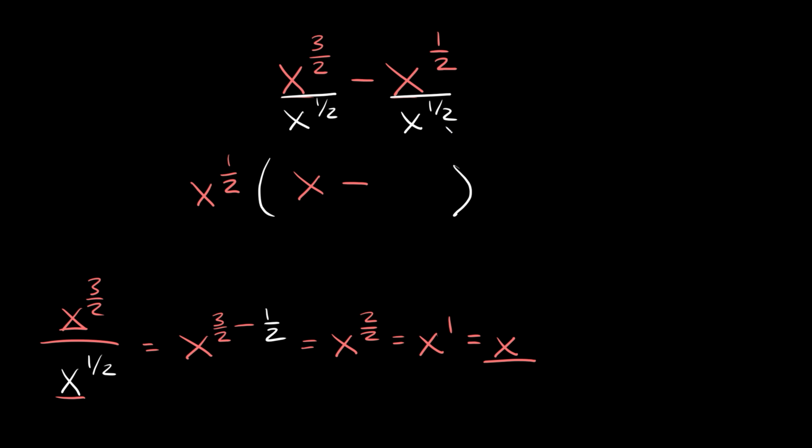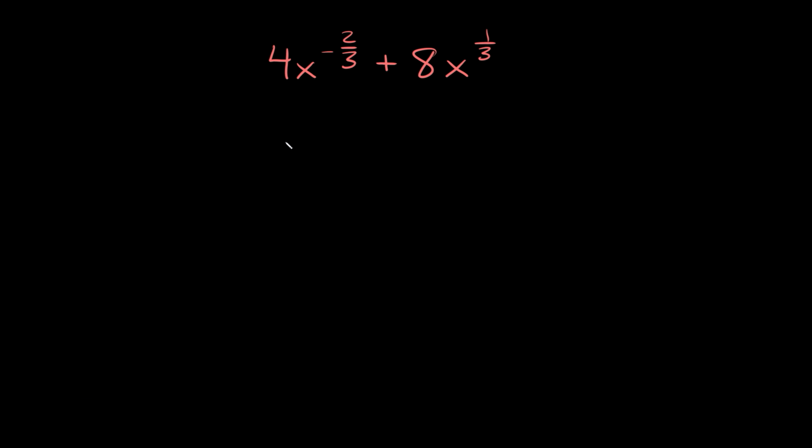And anything divided by itself is equal to simply 1. So here we were able to factor out this x raised to the 1/2, and in parentheses, all we're left with is x minus 1. Boom.